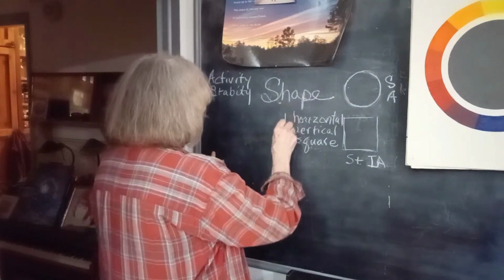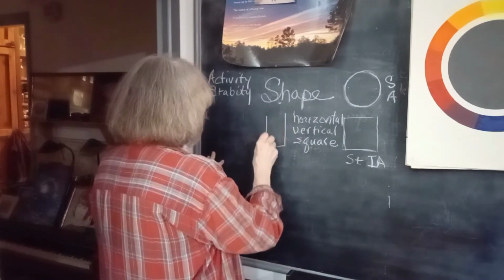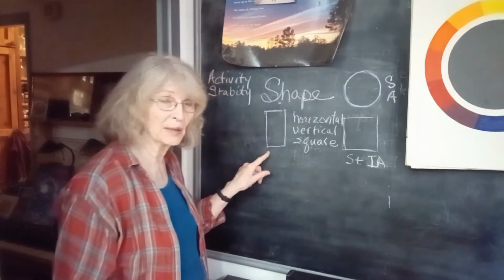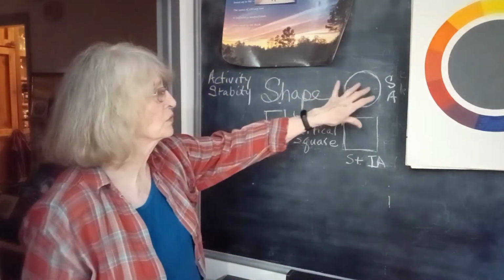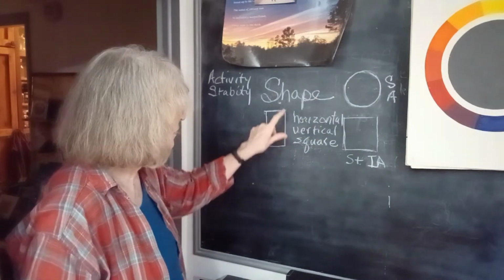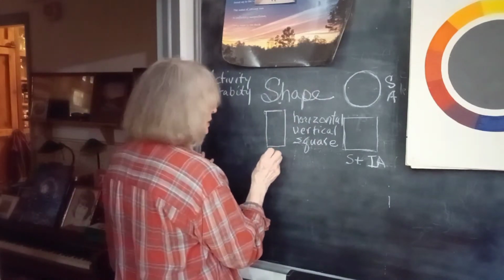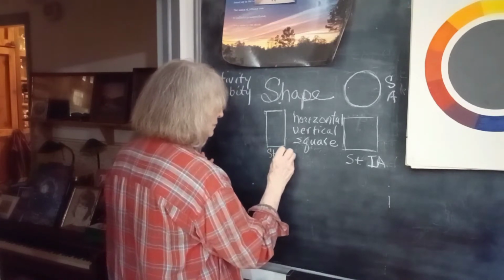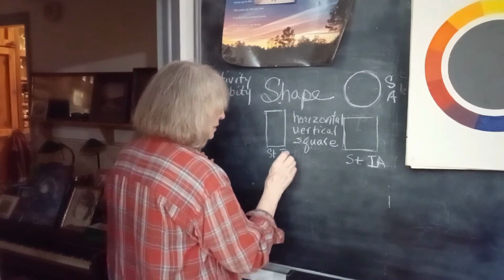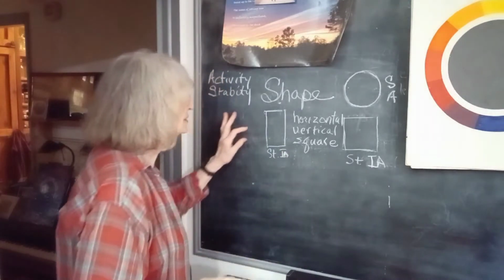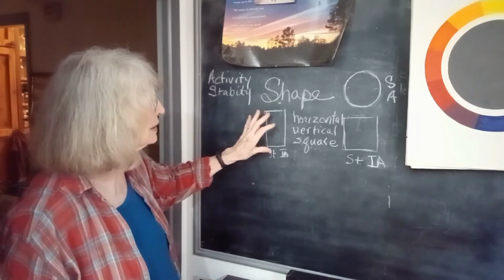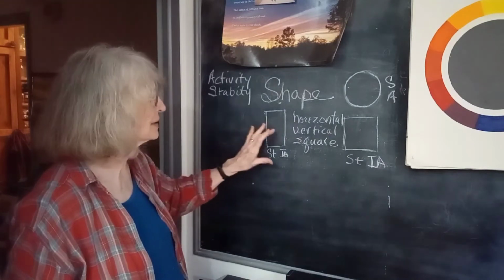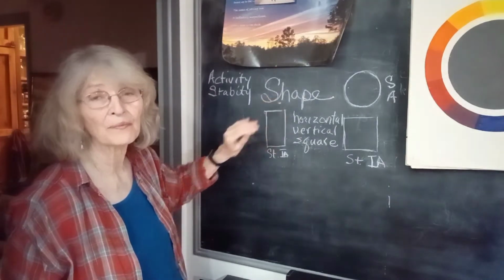For the vertical, it also is fairly stable, again, reduced from the circle slightly by the corners, and it becomes a stable inactive. And it is a little more active than the shape right here, and a little less stable because of the height.